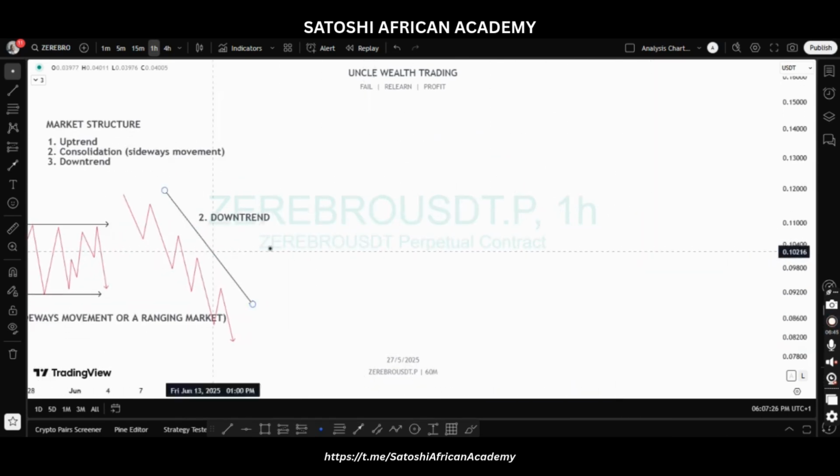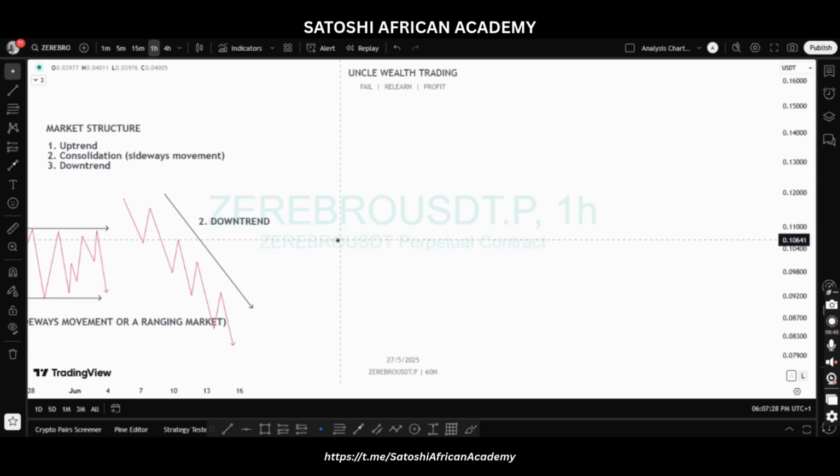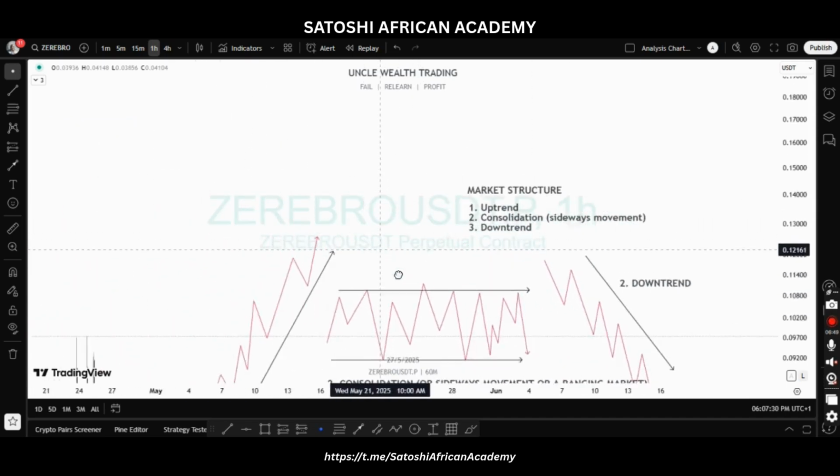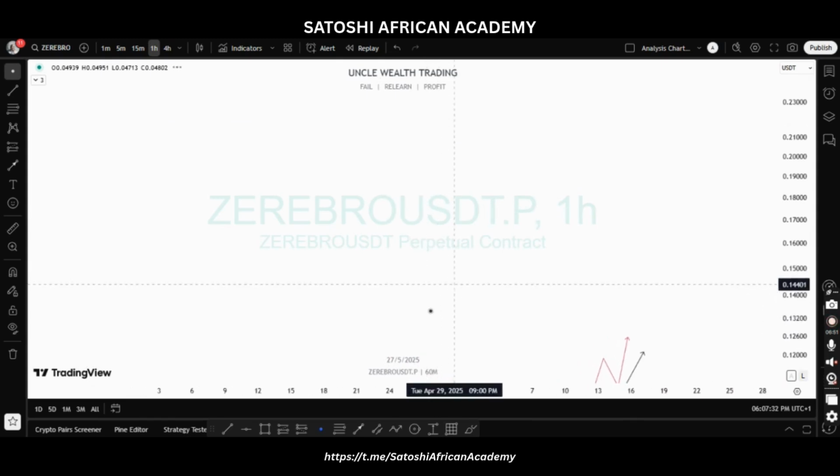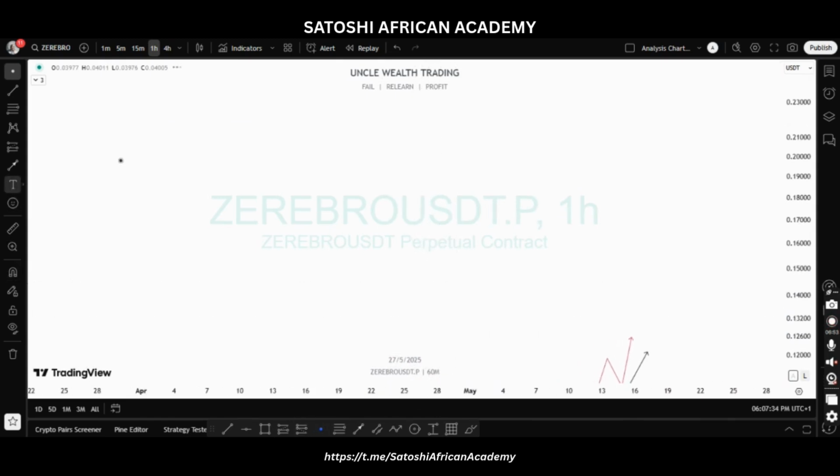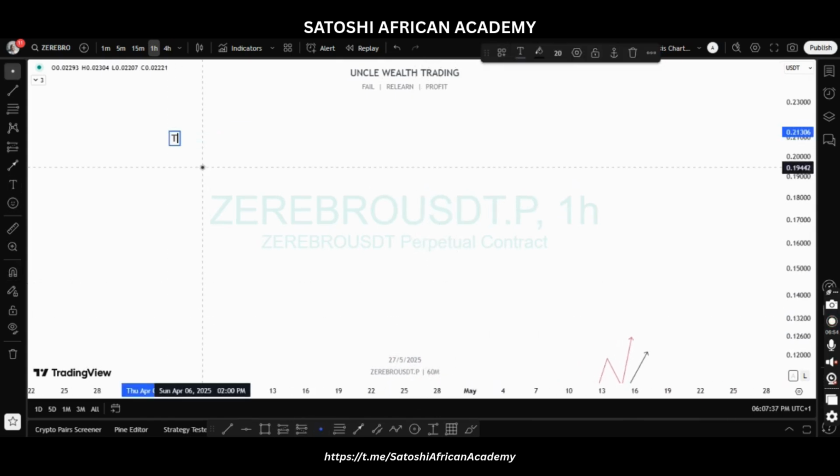Now, one other thing we said was that the market does not move in a straight line.